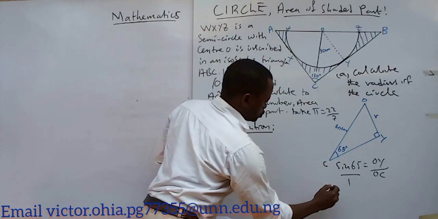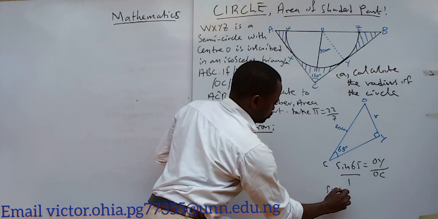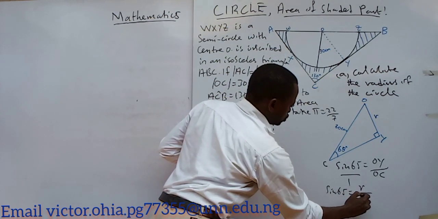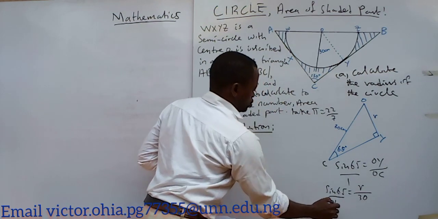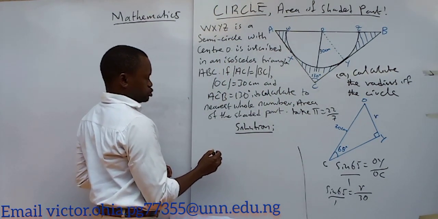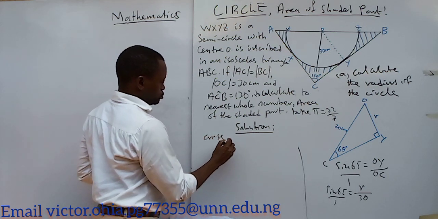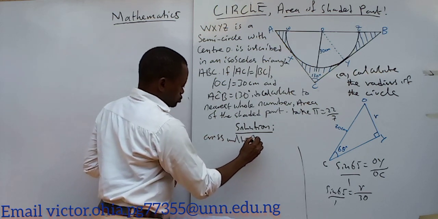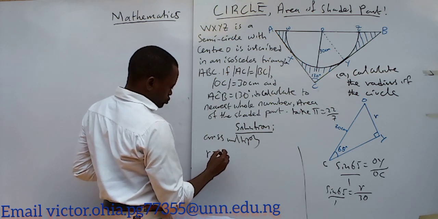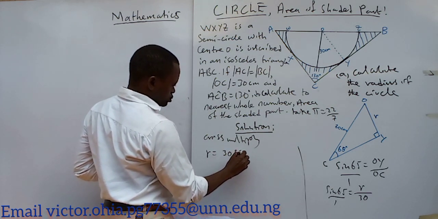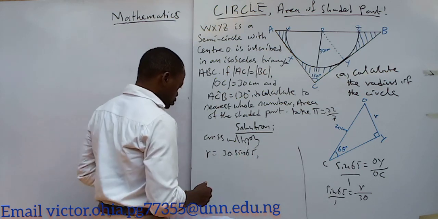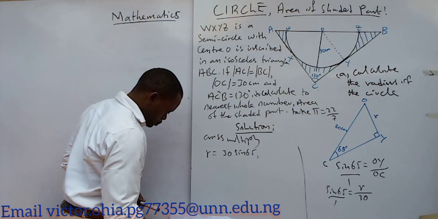So sine 65 equals OY, which is R, over OC, which is 30 cm. When we come over here, we cross multiply, and we obtain that R is equal to 30 sine 65.